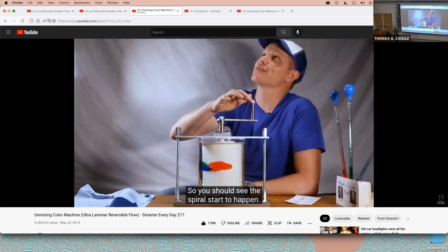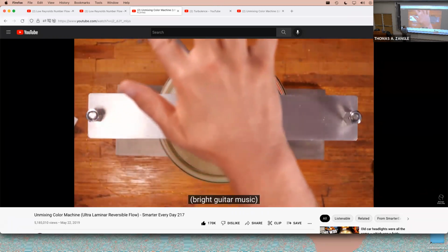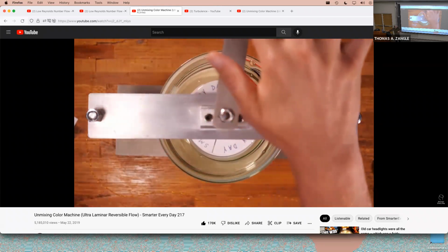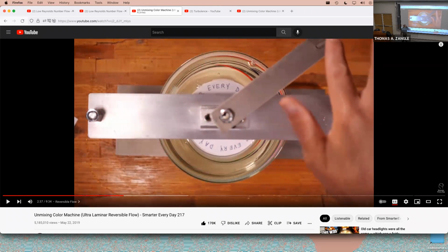So you should see the spiral start to happen. See exactly what you illustrated about no slip condition and flow, right? Look at that red spiral. See that the outer edge of it is basically not moving from the original wall that it was close to.